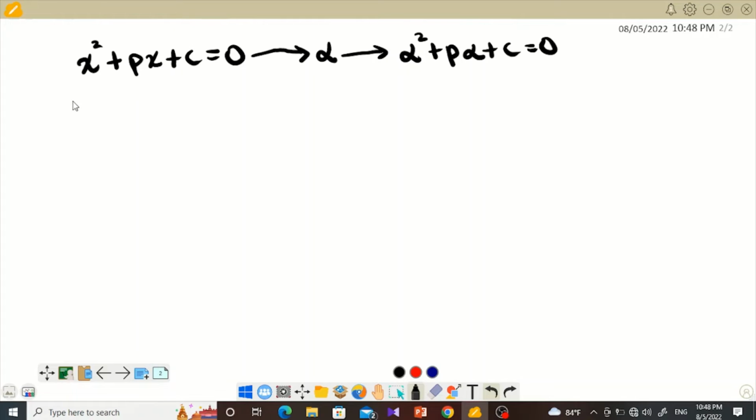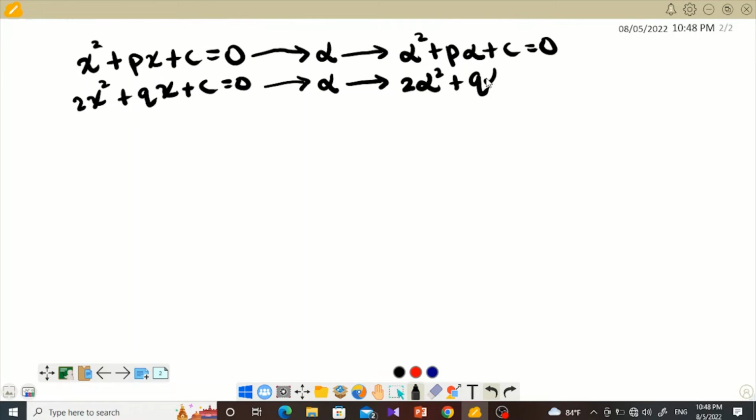Then I am taking the second equation, 2x squared plus qx plus c equals 0. Alpha is a root of this equation, so alpha must satisfy it: 2 alpha squared plus q alpha plus c equals 0.